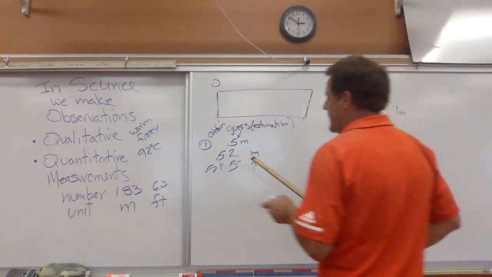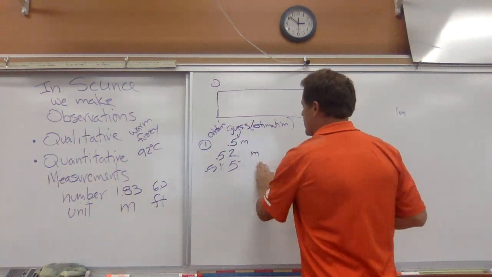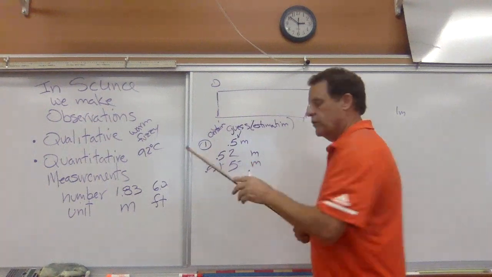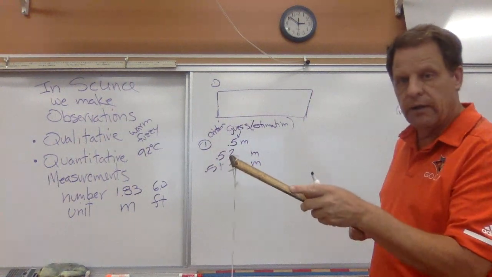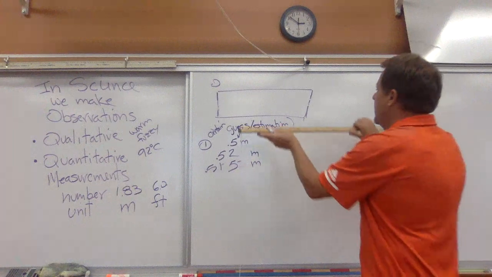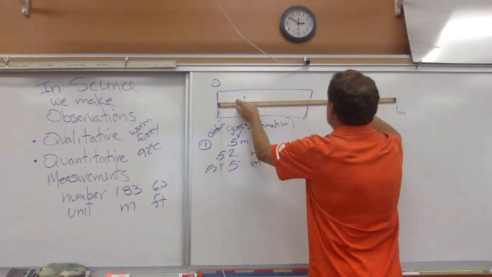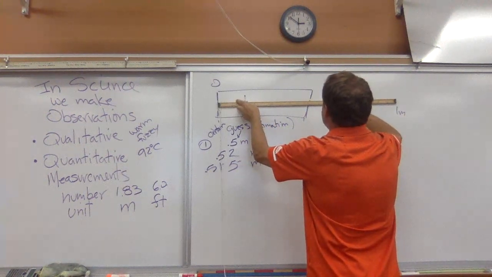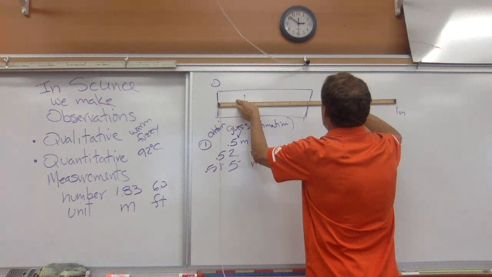Now I'm going to do that again. But now I'm going to use the smallest divisions here, and I am now going to say that that is 51.5.